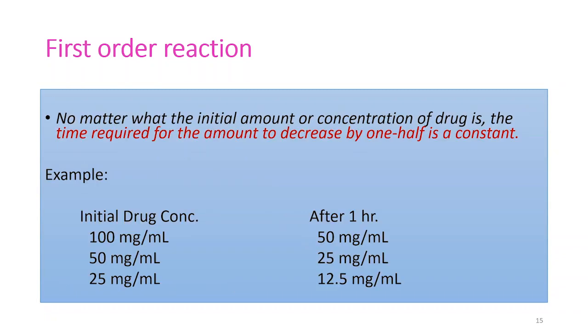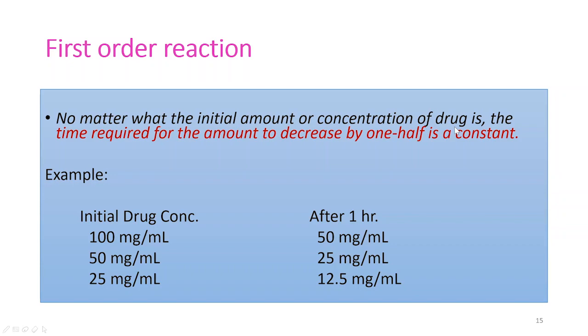So, in the first order reaction, no matter what the initial amount or concentration of drug is, the time required for the amount to decrease by 1/2 is constant. Because, as we said, the half-life is constant. So, given this example, this drug has a half-life of 1 hour. We started with 100 milligrams.